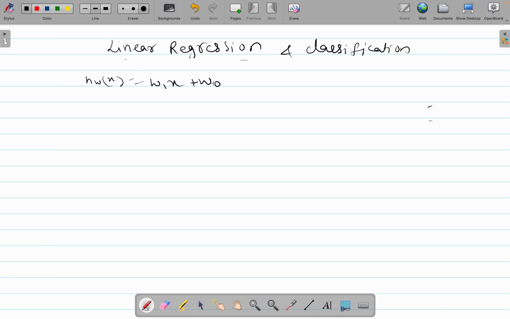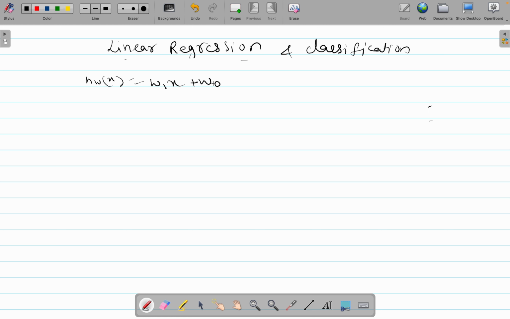Now I have to find the loss function for h_w, which can be given by the sum over j equals 1 to n of the L2 loss on y_j and h_w of x_j. This is what we have to minimize, and firstly I have to find the L2 loss.